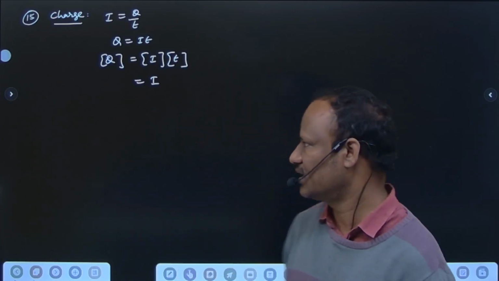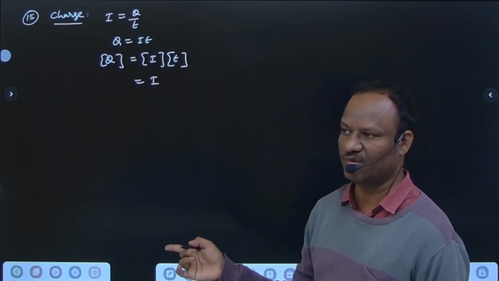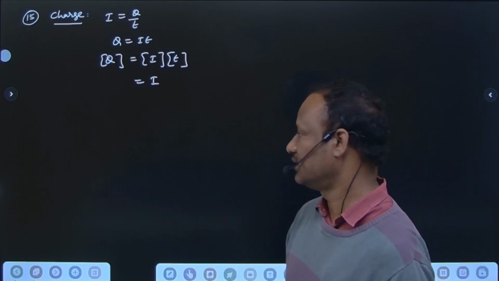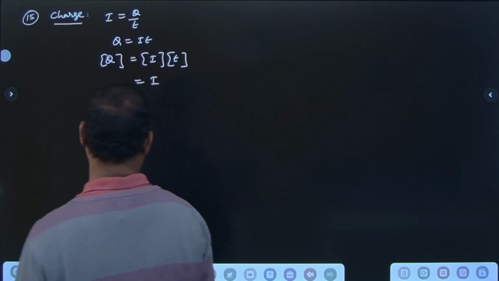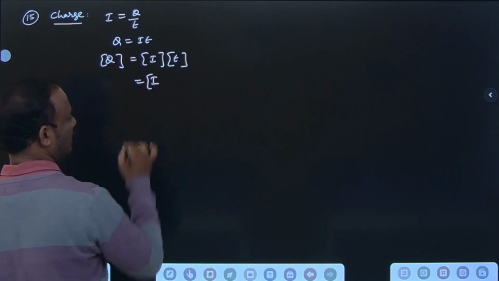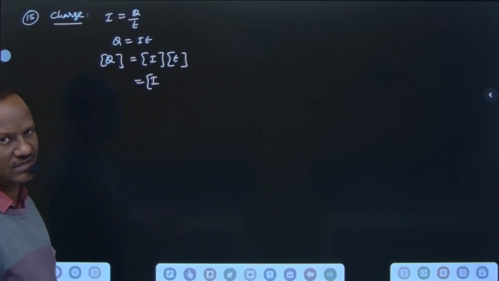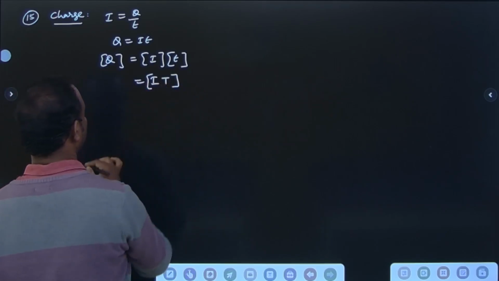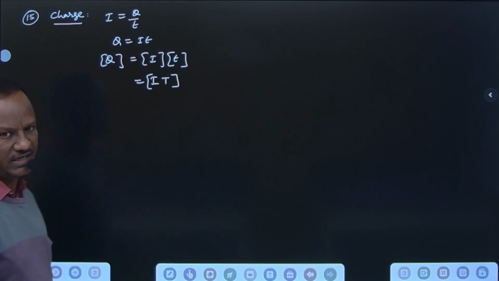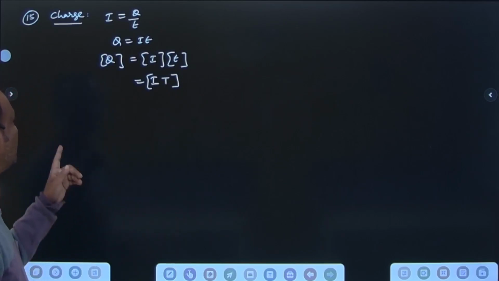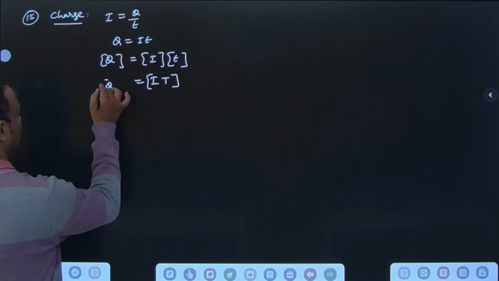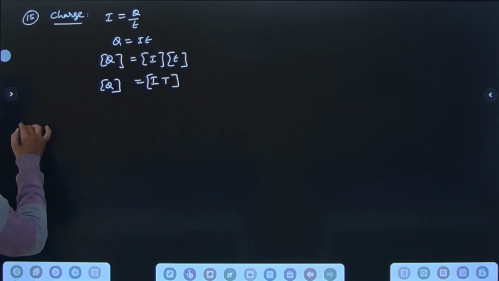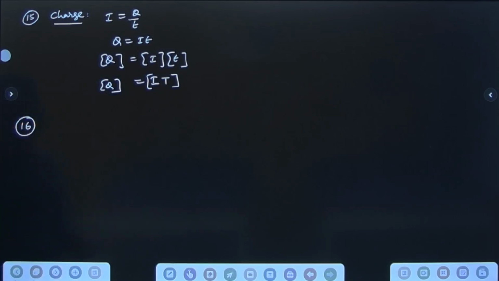There are 7 fundamental physical quantities, and a dimension formula means expressing in terms of the powers of fundamental physical quantities. You may write I or A, ampere. So the dimension formula of charge is IT.